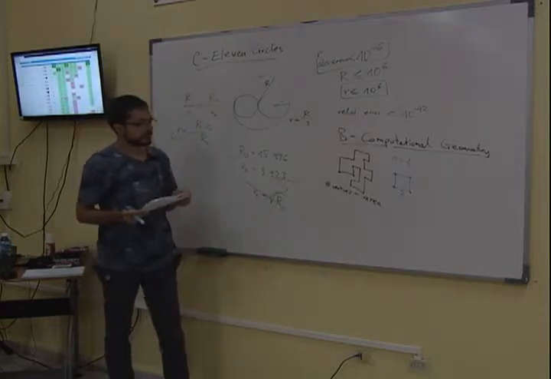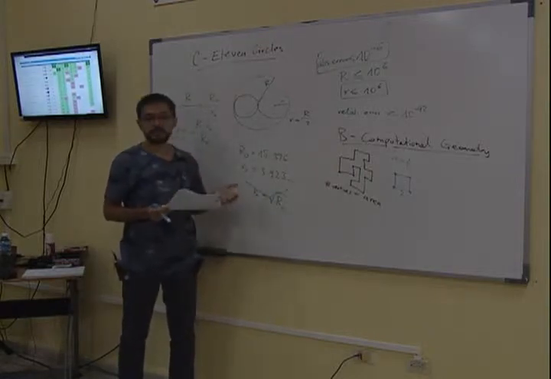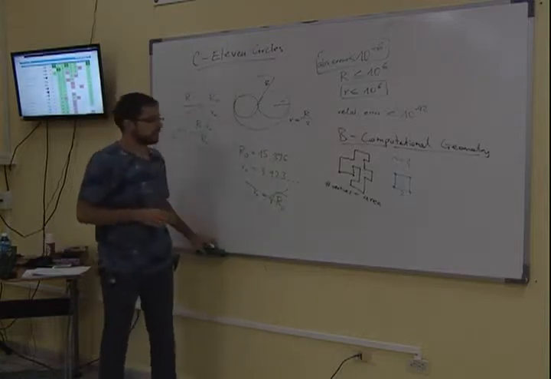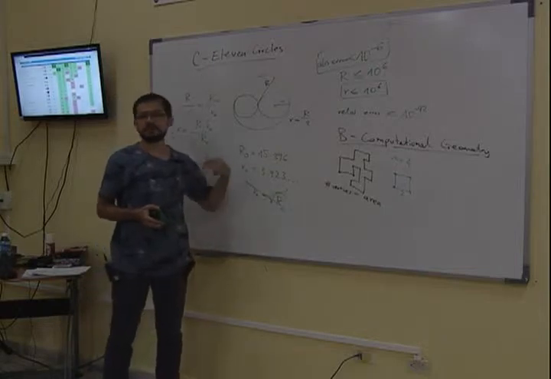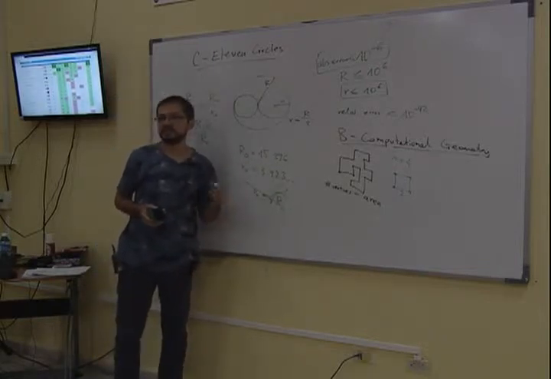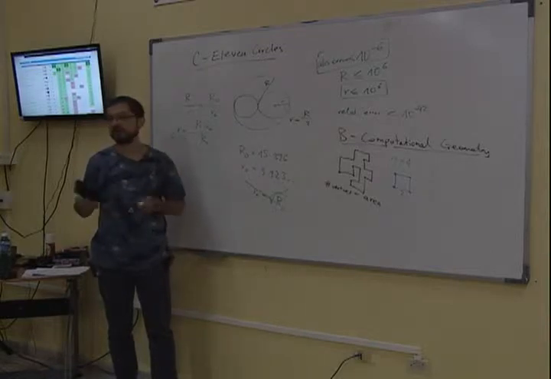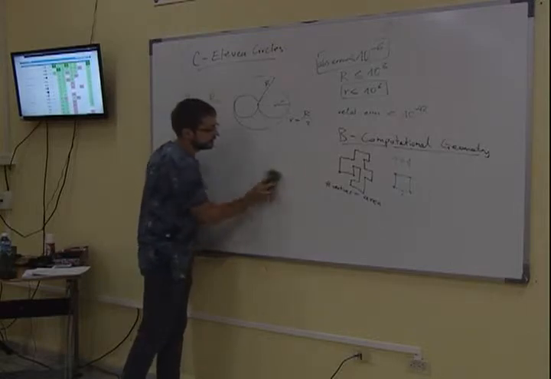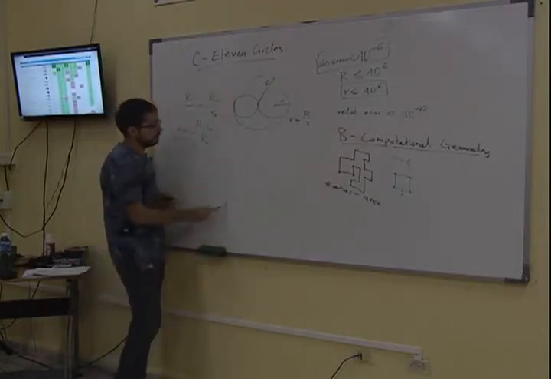But for any even number bigger than 4, we can construct such a polygon. And because this is a constructive task, we have much freedom here, and there are many solutions to this problem. So I will show one possible solution.